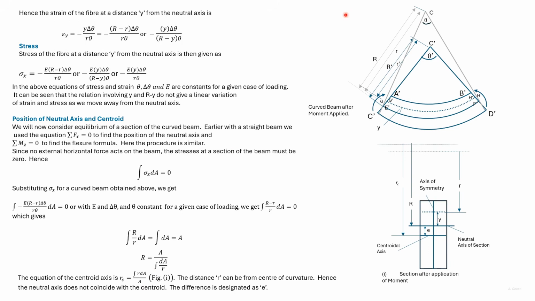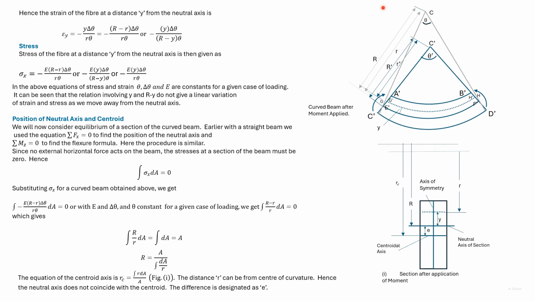We consider that base axis is through the center of curvature. Then we get the radius of curvature of the centroidal axis by this formula.